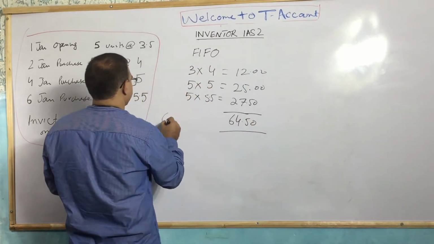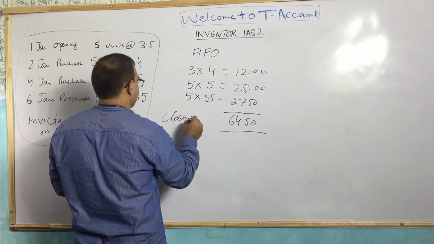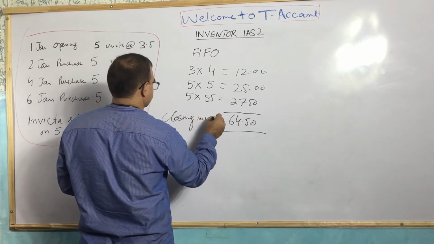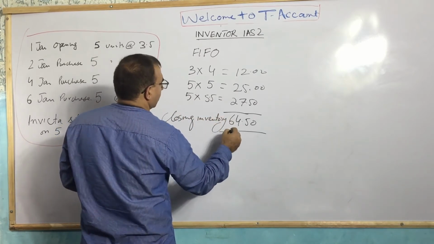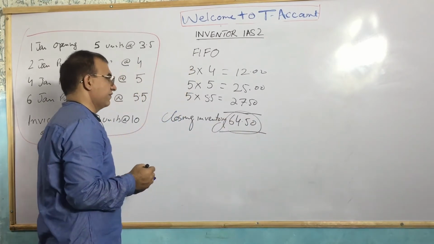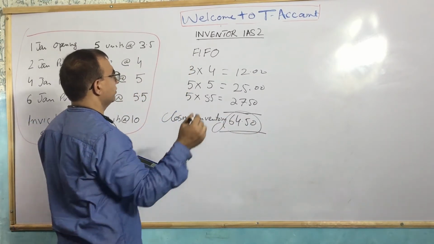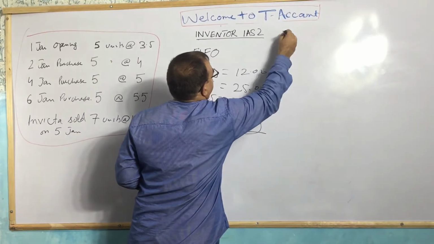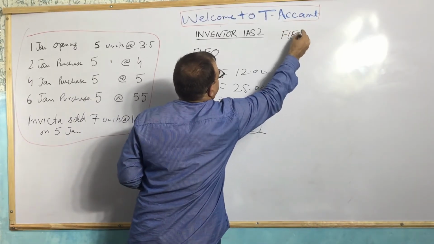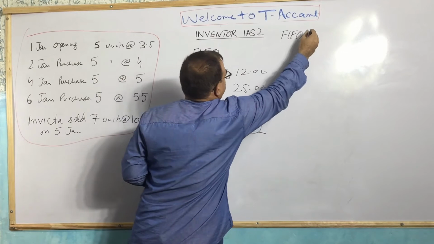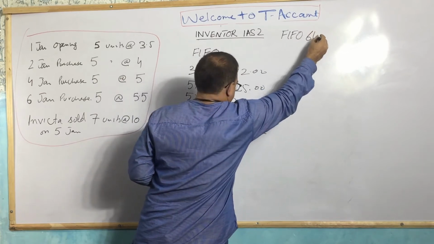That is closing inventory. Through FIFO, we'll keep noting FIFO gives this value at 64.50.